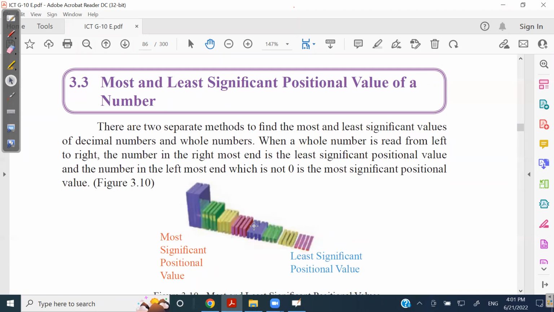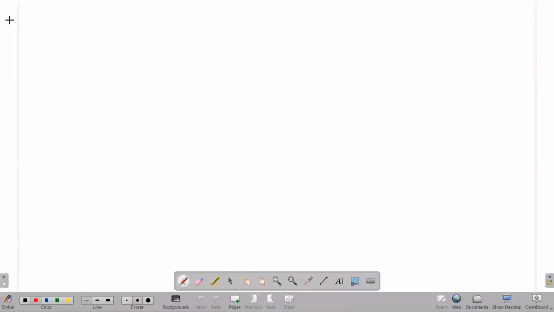Let me illustrate it to you using the whiteboard. Can you all see this whiteboard clearly? Yes, sir. Okay, now when it comes to the most significant positional value and the least significant positional value, we always try to figure out which particular character has the most value and the least value.